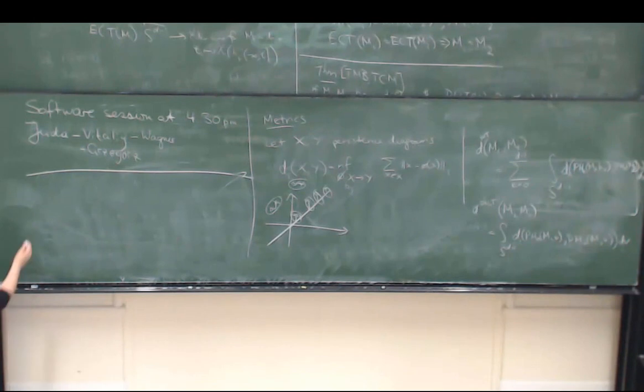So what we need is some sort of justification for being able to take finitely many directions and use that as our approximation.